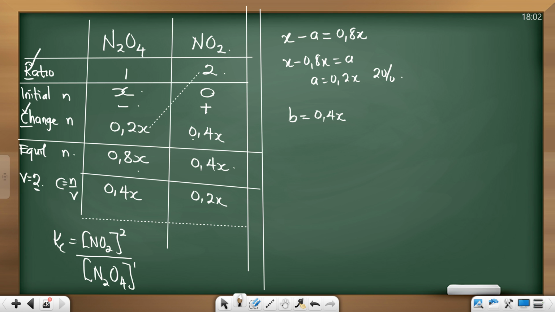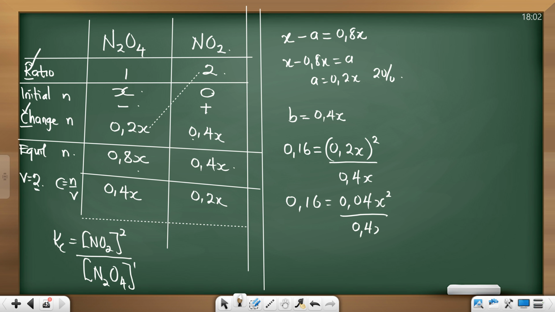What's my Kc? We were given Kc as what? 0.16. What is NO2? 0.2x, all squared, over what? 0.4x. I don't think this should be any difficult. 0.2x squared over 0.4x.